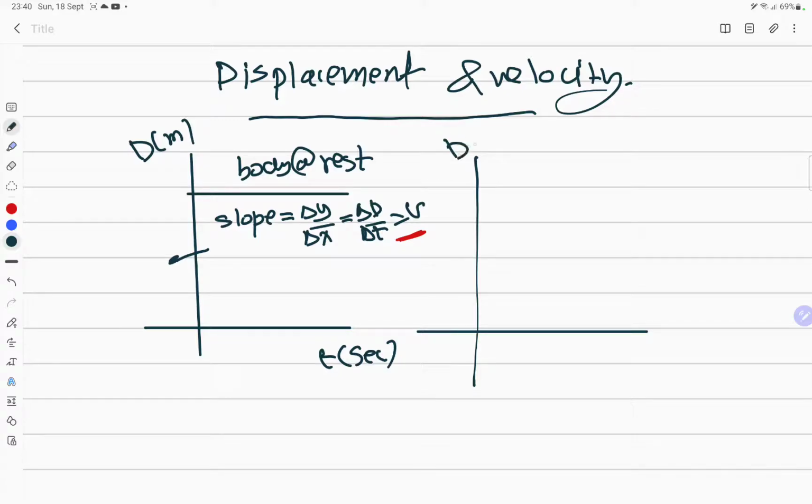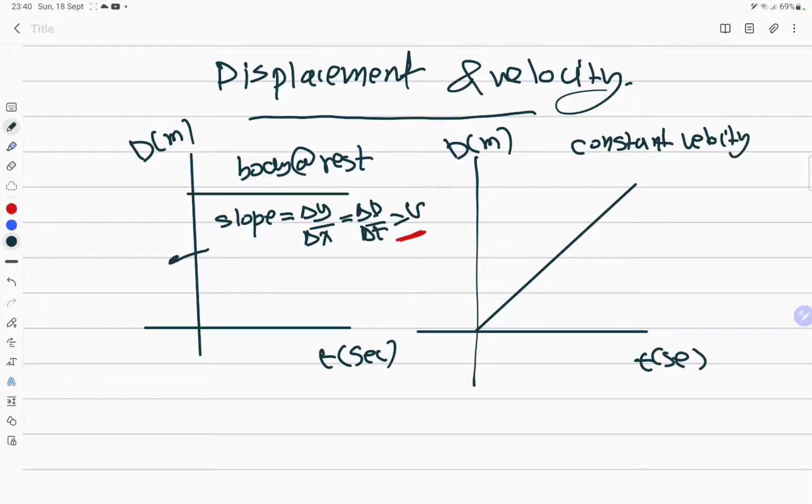The second one, again, displacement is in meters, time in seconds. So here I want to show you that this body is moving with constant velocity. Why? Because it covers equal displacement, or equal change in position, in equal intervals of time.